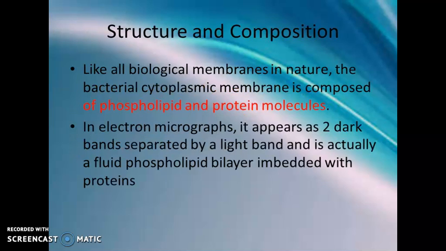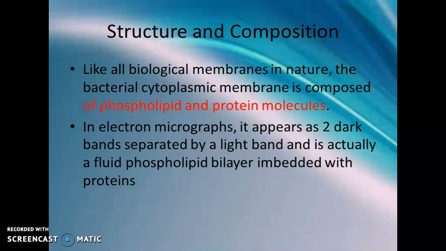Next is structure and composition. Like all biological membranes in nature, the bacterial cytoplasmic membrane is composed of phospholipids and protein molecules. In electron micrographs, it appears as two dark bands which are separated by a light band.